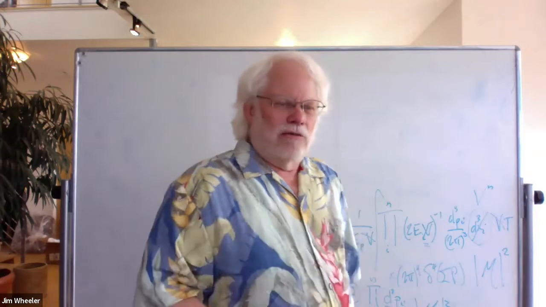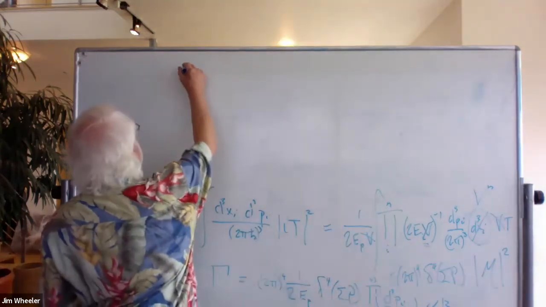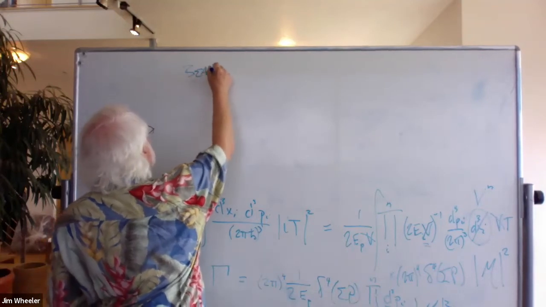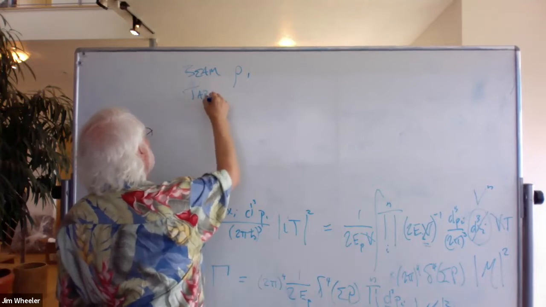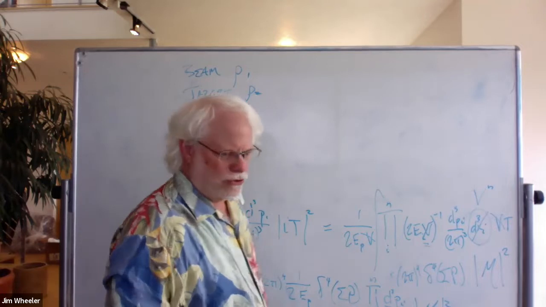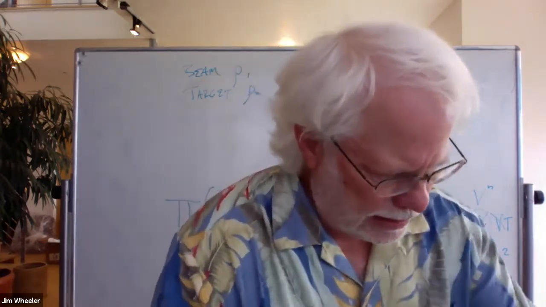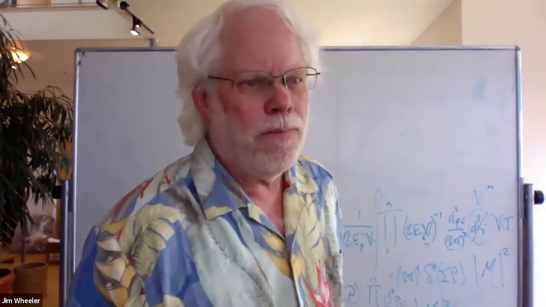We'll start with a non-relativistic version. Suppose we have a beam of density rho 1 and a target of number density of particles rho 2, and a non-degenerate marker.